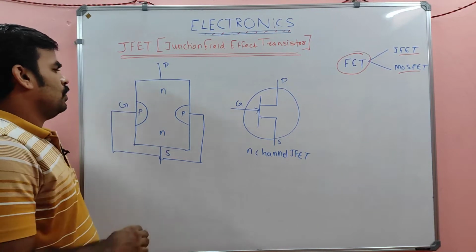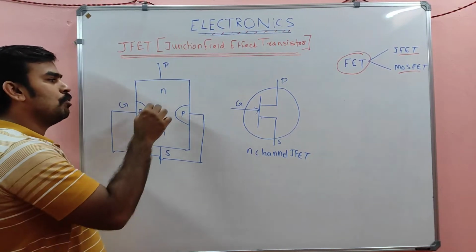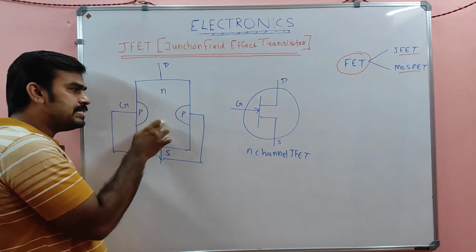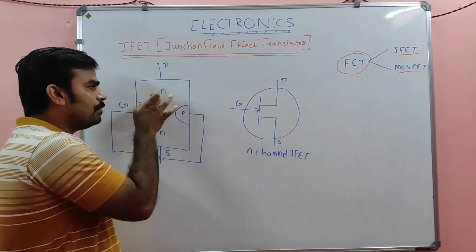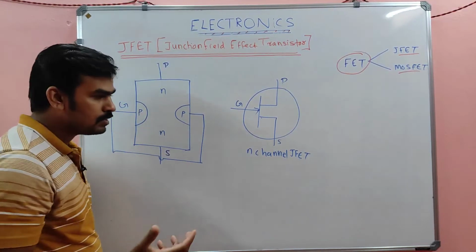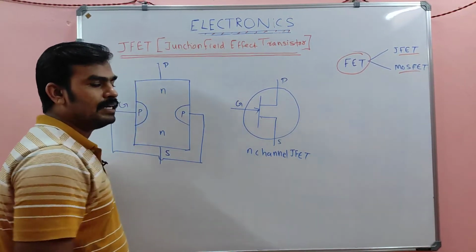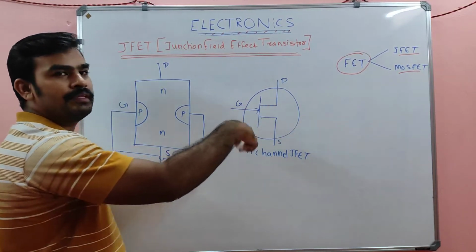This N region is called the channel, and according to this channel the JFET is named. Suppose this channel contains N, that is, free electrons, then it is called the N channel JFET. And this is the symbol of the JFET.